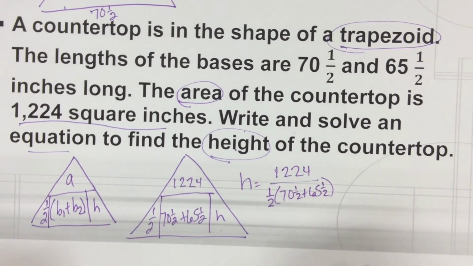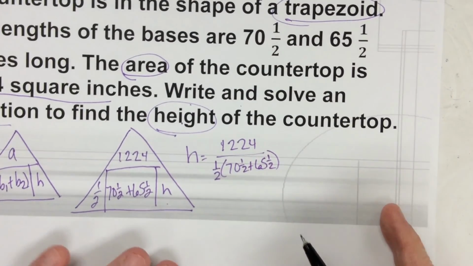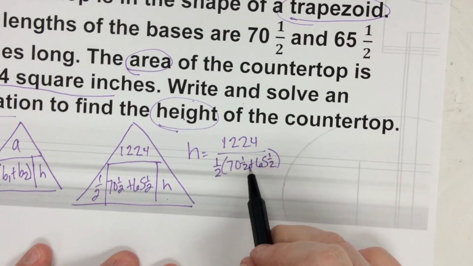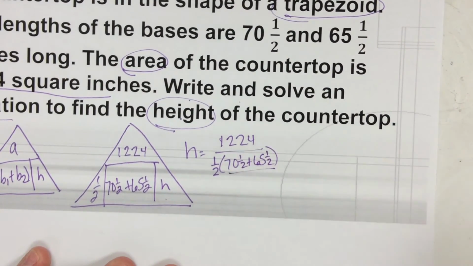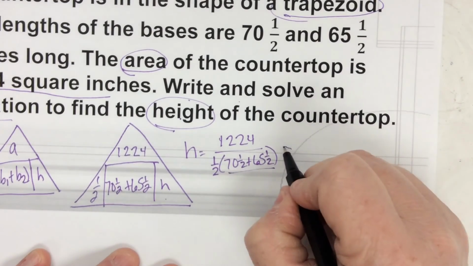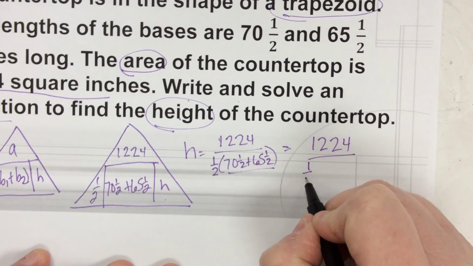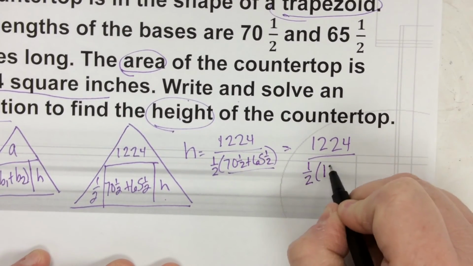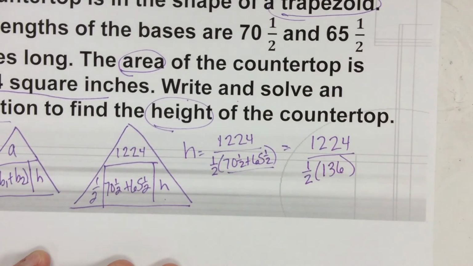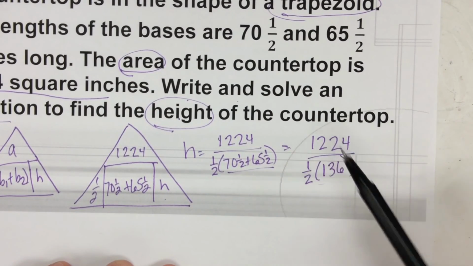That could be one way that your formula could be written if this was multiple choice. I could also simplify a little bit of this in here. 70.5 plus 65.5. Okay, well, 70 plus 65 is 135, but plus those 2 halves, right? So 1,224 over 1/2 of 136. Okay, that right there looks kind of messy to me. It looks like a fraction on the bottom of a fraction.